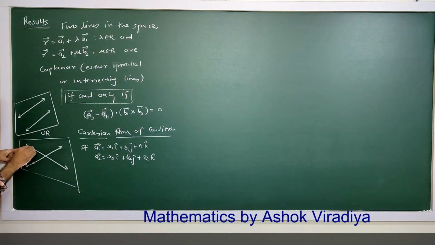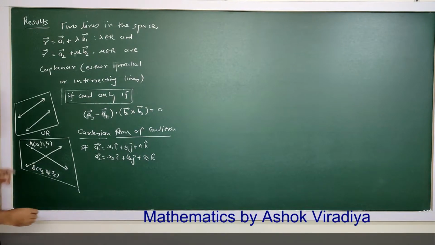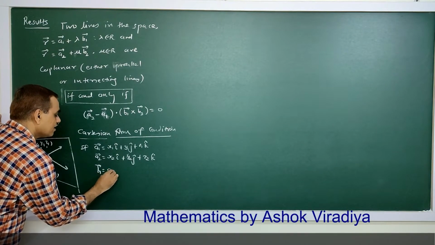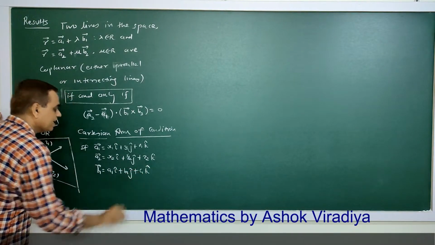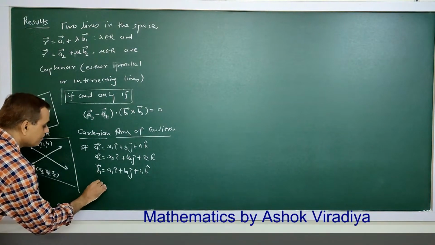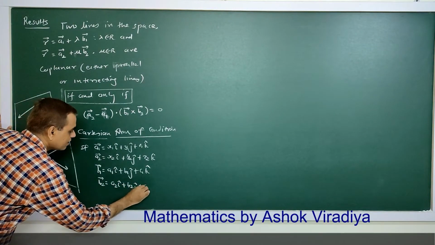That means the point on the first line has coordinates x1, y1, z1. Coordinates of a point which lies on the second line is x2, y2, z2. Vector b1 is a1i plus b1j plus c1k. a1, b1, c1 are direction ratios of vector b1. b2 is a2i plus b2j plus c2k.